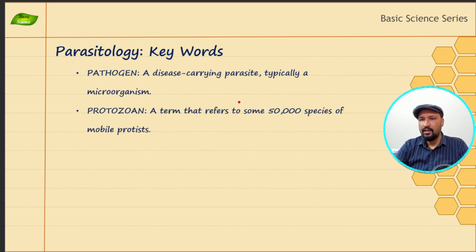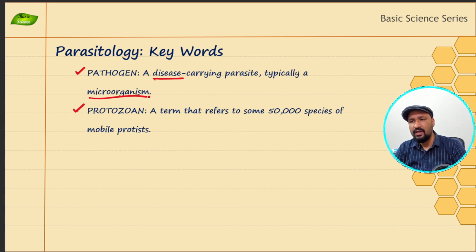Okay, moving to the next one, the terms pathogen and protozoan. Pathogen and protozoan are completely different terms. Pathogen includes any agent or any organism that is causing a disease, right? In this case, we are referring to microorganisms because they are the ones causing the disease in various organisms.